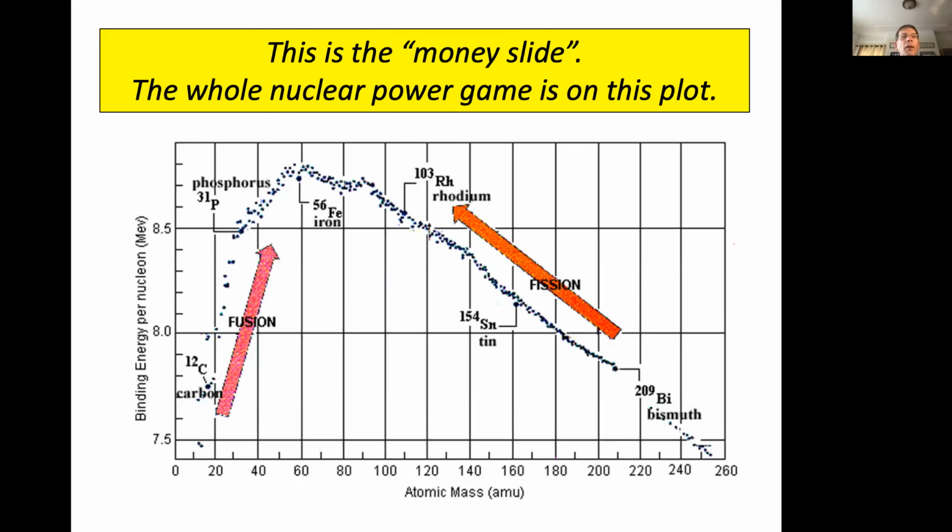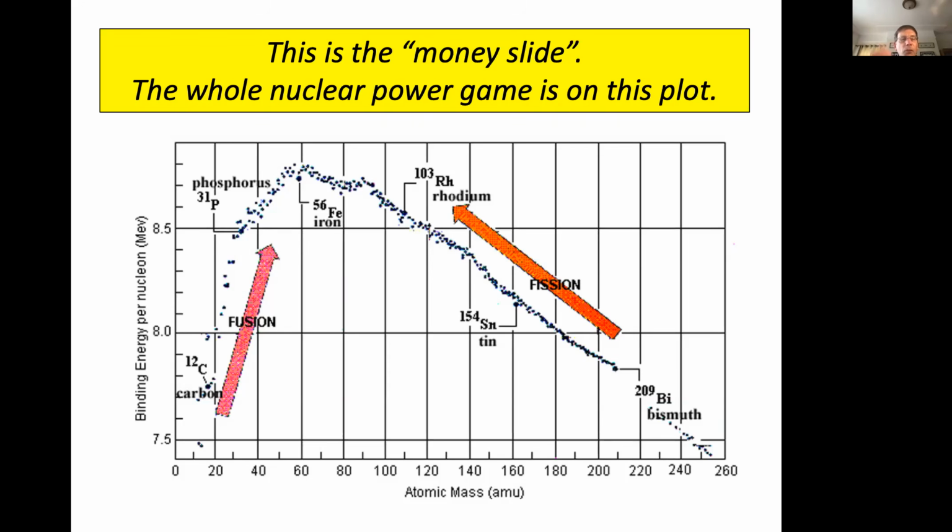One is to say, if I take two light nuclei and put them together to make a heavier nucleus, the binding energy goes up, which means the nucleus up here is going to be more tightly bound. That means in making that new species, I had to release energy.